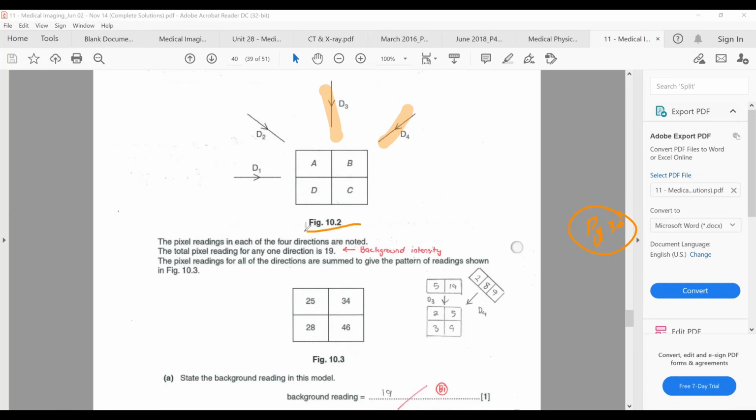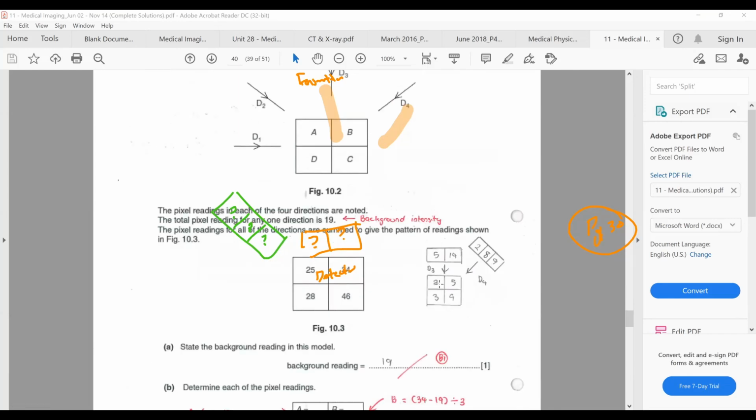They're asking you, if I scan in D3, what should be the reading along D3? If this one was the transmitter, and this one was the detector, what is the reading in the detector here in D3? And likewise, if I scan along D4, what is the detector reading along D4?